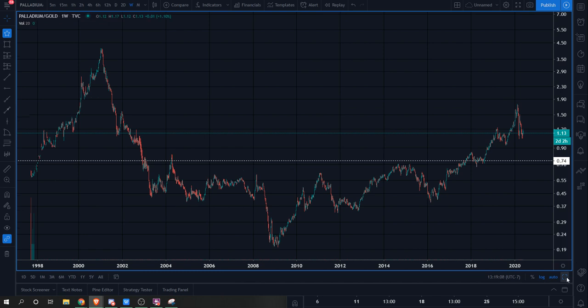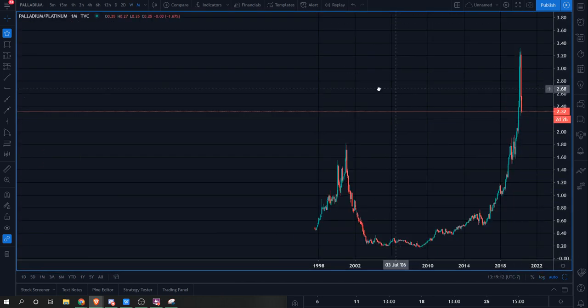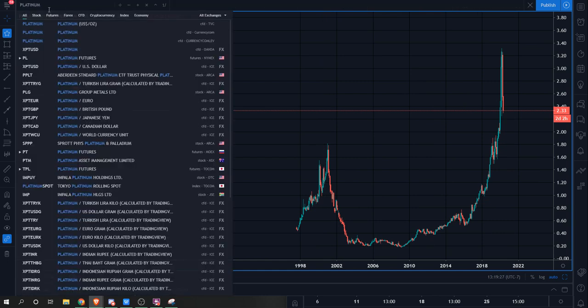And then we can see even in palladium versus platinum, there is a huge discrepancy, and it's almost at zero if you do it the other way around. So this is palladium compared to platinum, where if it's going up, it's stronger for palladium and weaker for platinum. But let's flip this around. Let's do platinum versus palladium.